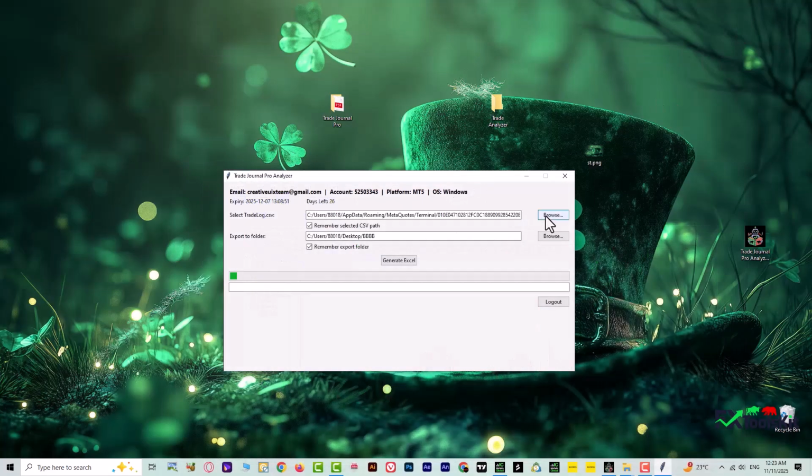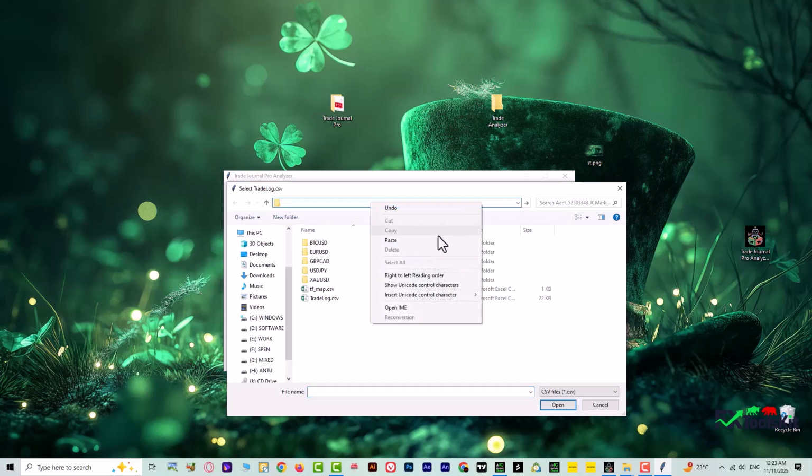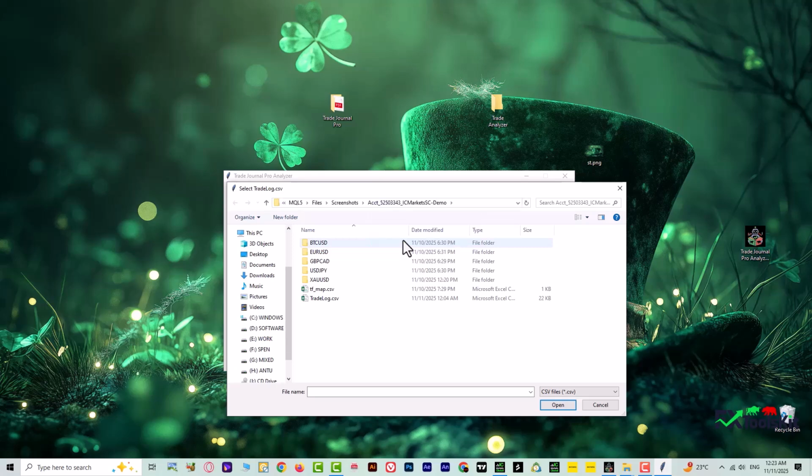Then, go to the analyzer and click the Browse option and paste the address in the address bar. And then select the tradelog.csv file and click Open.